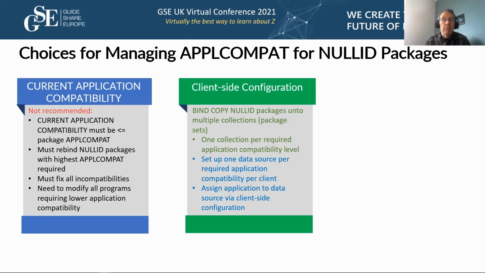And then at the client side, set up one data source per required application compatibility per client, and then assign the application to the data source, direct the application to the data source via client-side configuration. So that's quite a complex process.